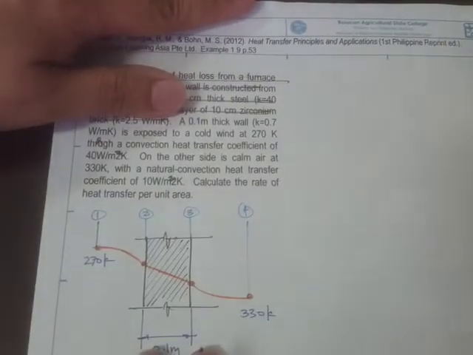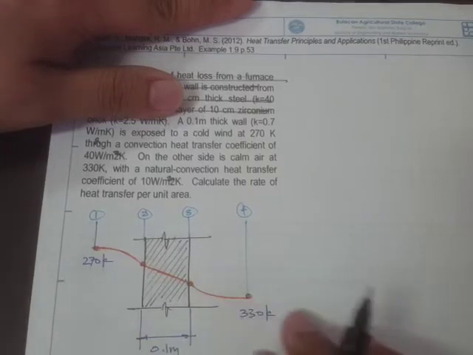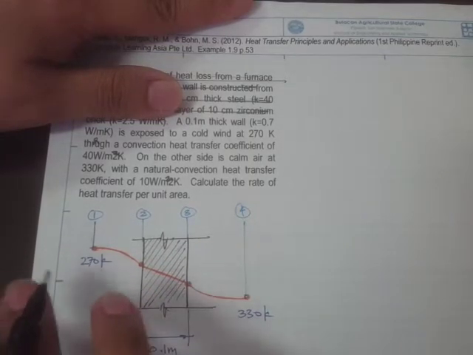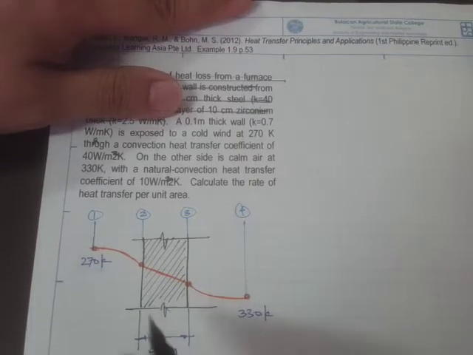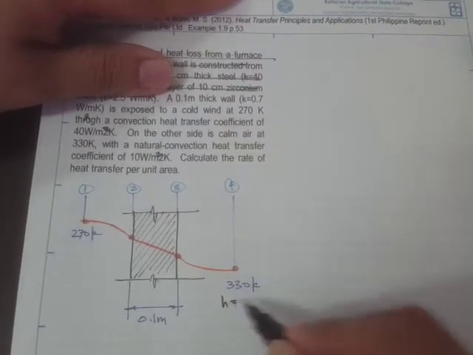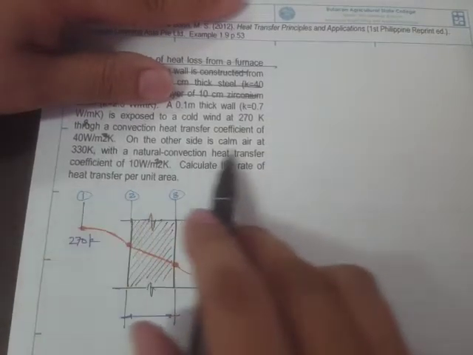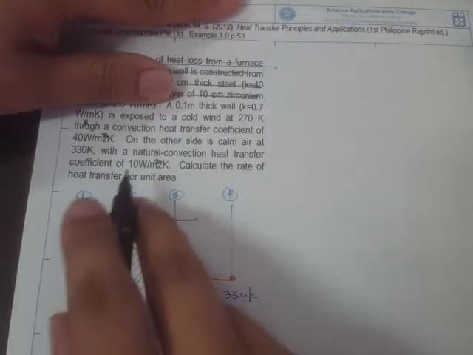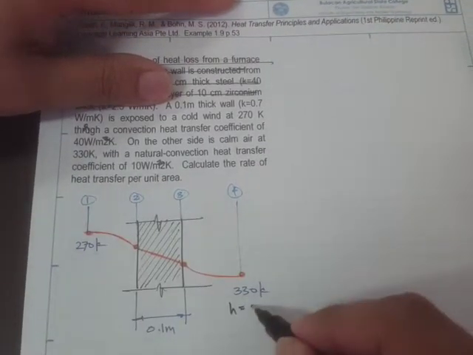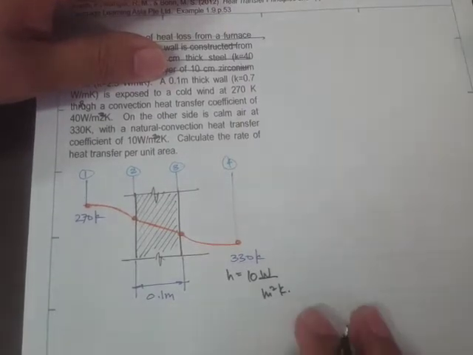So here's our wall. It's a single wall, and we have to take into account the convection heat transfer on both the inside and outside. We are given right here, let's write here, on the other side is calm air at 330 with a natural convection heat transfer coefficient of 10 watts per meter squared Kelvin.